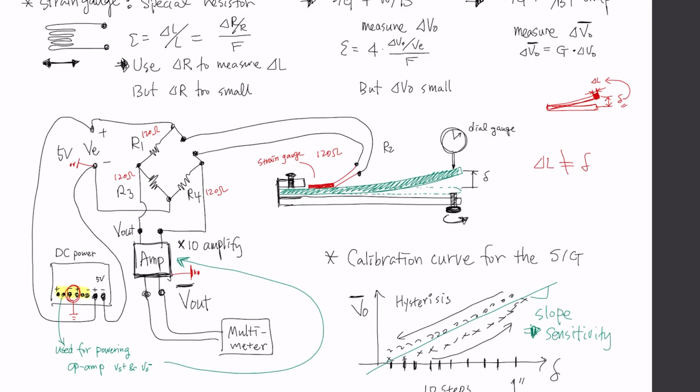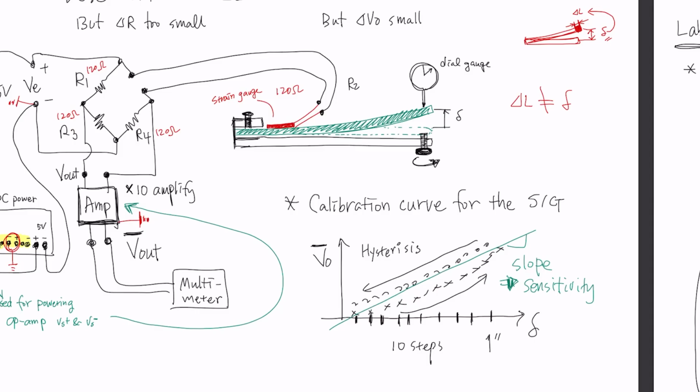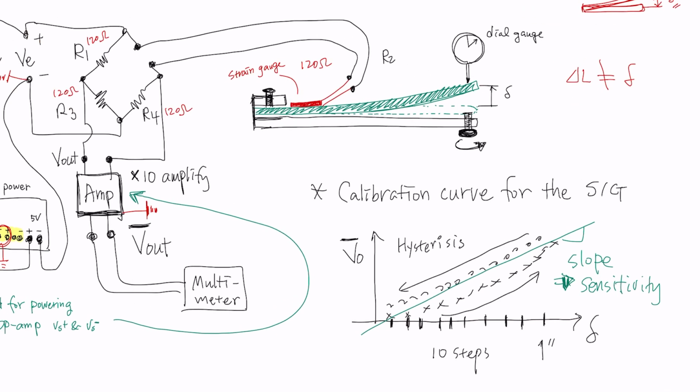Okay, so what we are going to do is find the calibration curve for the strain gauge. We are going to bend this thing by turning this screw, and then we are going to release that back to its original state. So you are increasing this delta, and then you are decreasing that delta again.